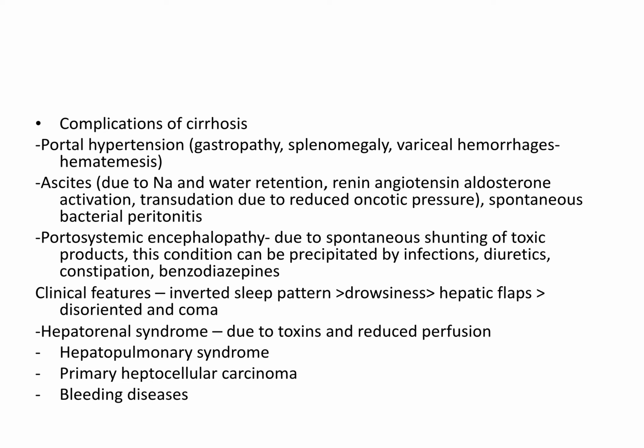This is usually due to spontaneous shunting of toxic products into the brain. This condition can be precipitated by factors like infections, diuretics, constipation, and benzodiazepines. Usually they present with features like inverted sleep pattern and drowsiness, hepatic flap, disorientation, and coma.